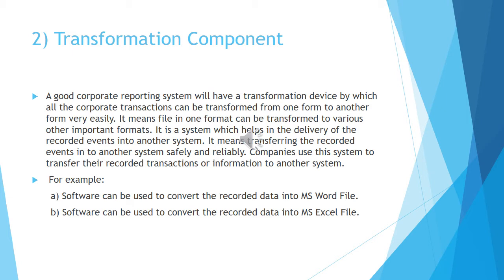It means transferring the recorded events into another system safely and reliably. The companies use this system to transfer their recorded transactions or information to another system. For example, a software can be used to convert the recorded data into an MS Word file, or a software can be used to convert the recorded data into an MS Excel file.